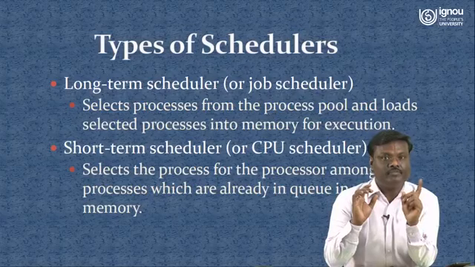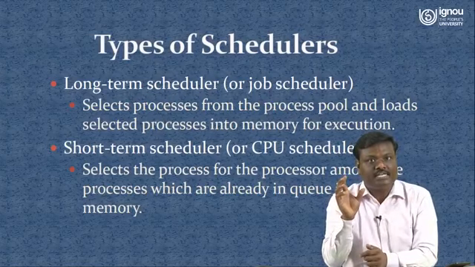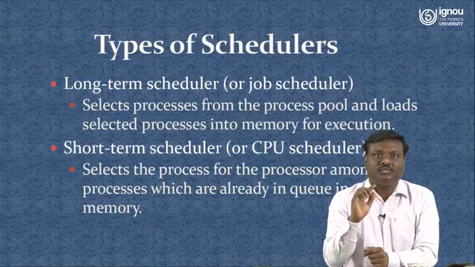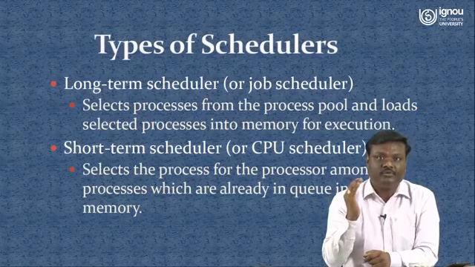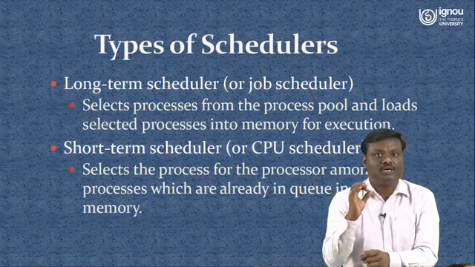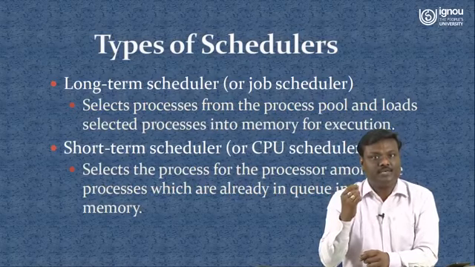Bringing them from the wait queue to the ready queue, readying them and bringing them to reside in the RAM, is the job of the long-term scheduler, so it is called the job scheduler. Assigning the CPU to the already residing processes is the job of the short-term scheduler, which is also called the CPU scheduler.